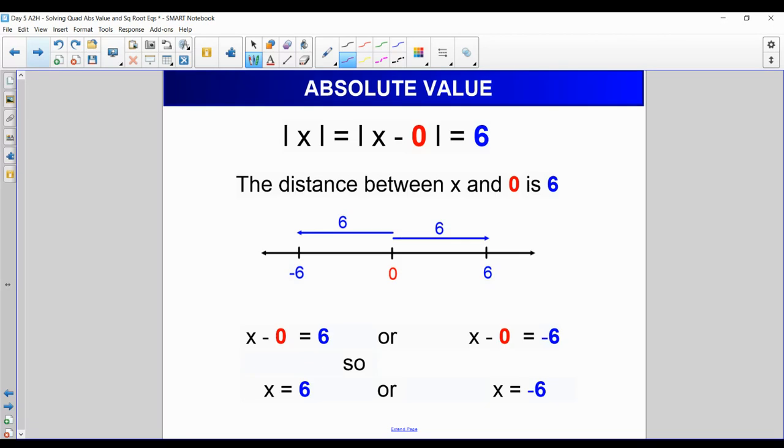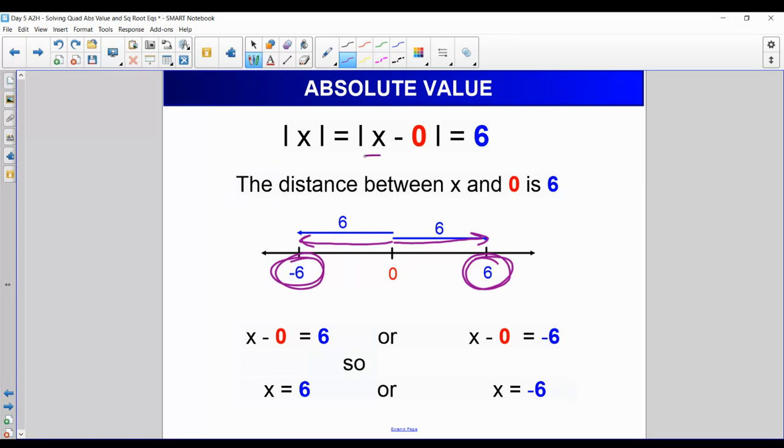Okay, so just a couple of ways to look at this. If I have that the absolute value of x is equal to 6, that's like saying that the absolute value of x minus 0 is 6. So it's giving me the distance away from 0, and my distance away from 0 is 6. So that's why I end up with a positive 6 and a negative 6.